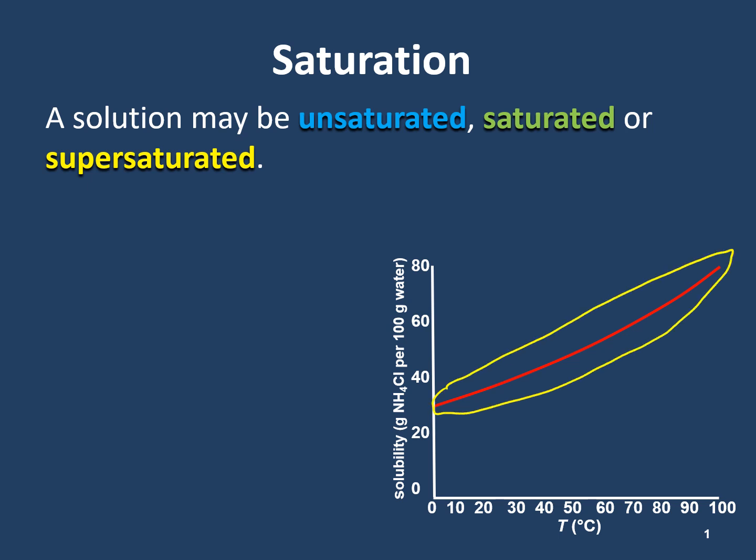This red line is your max solubility of that solute, versus temperature. As we increase temperature, generally with ionic compounds, solubility increases. And so that red line is the maximum grams of ammonium chloride that you can add to 100 grams of water and it will dissolve.